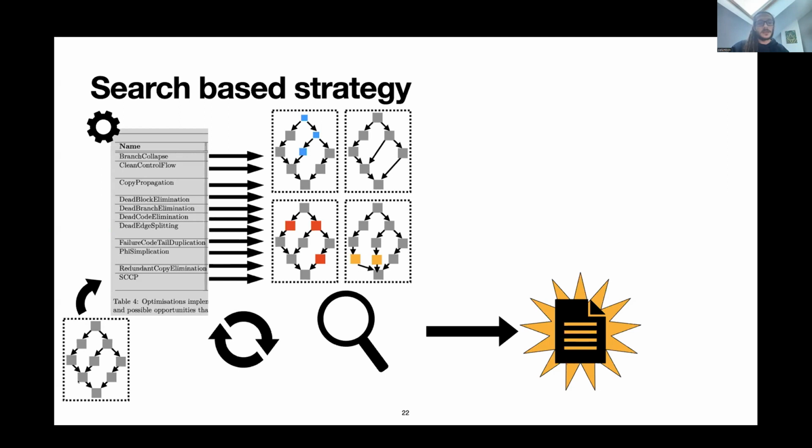If we have, say, 10 optimizations, from one program we finish with 10 new programs, and the algorithm compares them with our metric, the number of instructions.